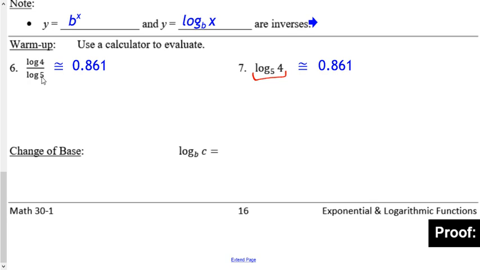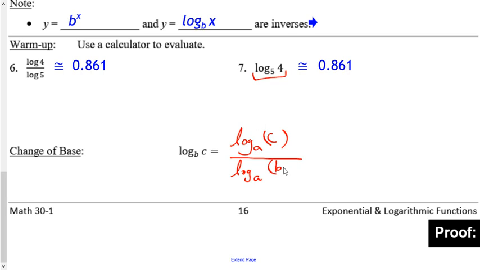Now here, both of these are base 10, but it is true for any base. So here, if I have log base b of c, this will equal the log base a of c, divided by the log base a of b.